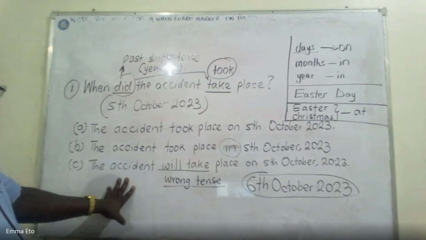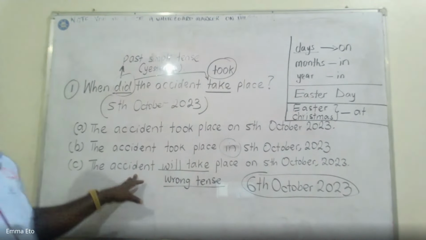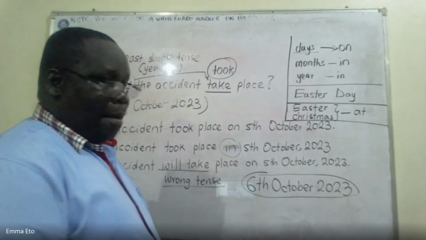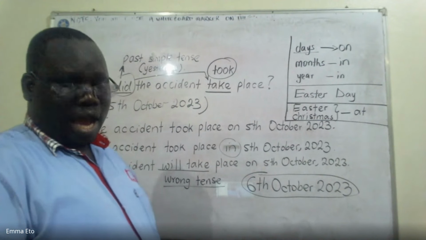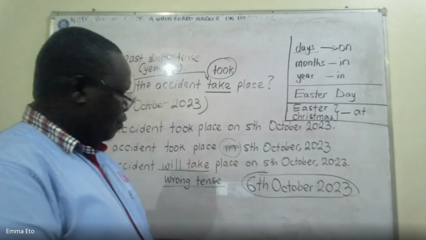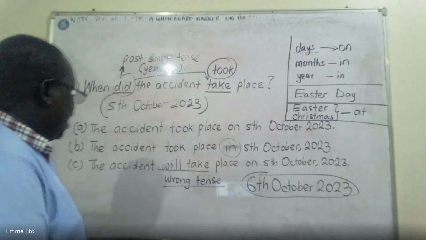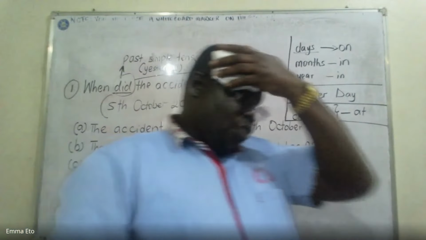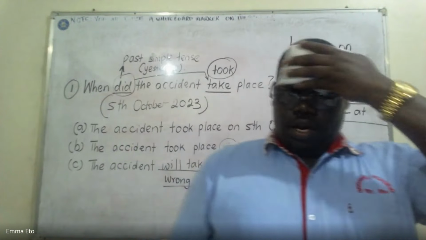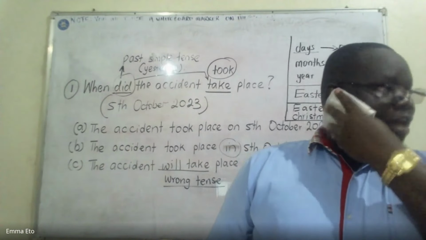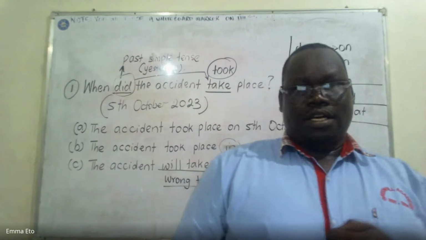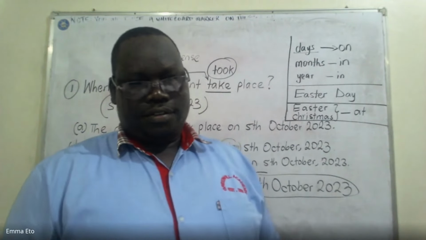This sentence is very clear and grammatically correct, but it is answering a different question: when will the accident take place? It puts you in a very dangerous situation that you have become a foreteller of sudden happenings.